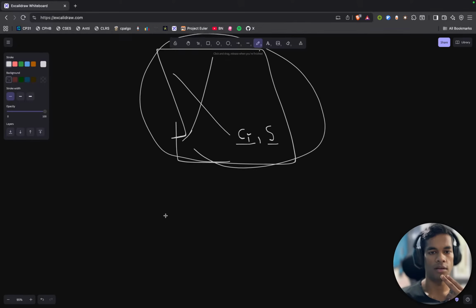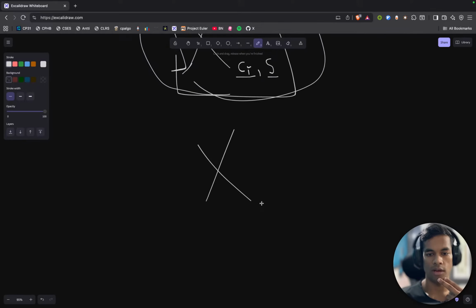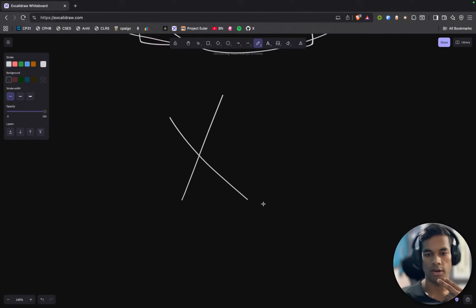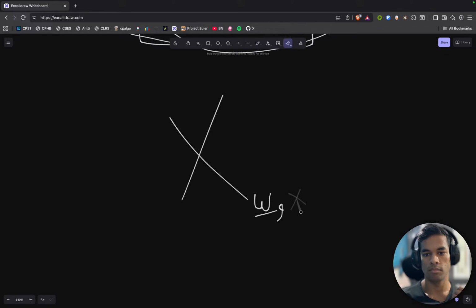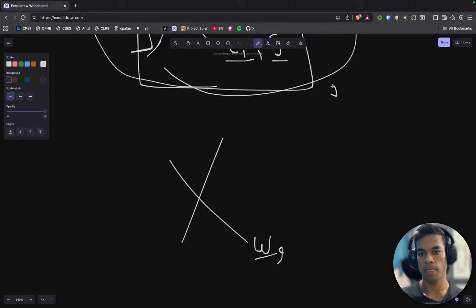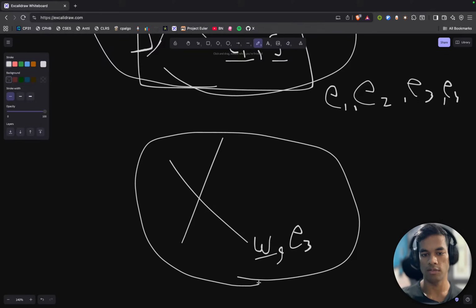And similarly, in knapsack, we have a weight W, and to get to that W, we used some element. Let's say we have elements E1, E2, E3, which we could add to our knapsack, and we used element E3 to get here.